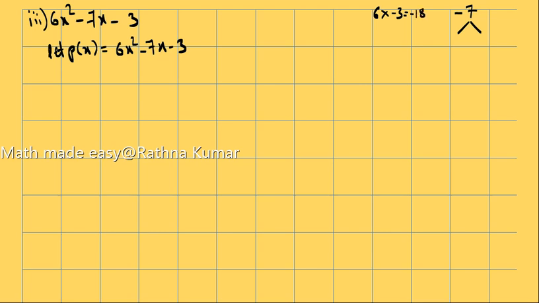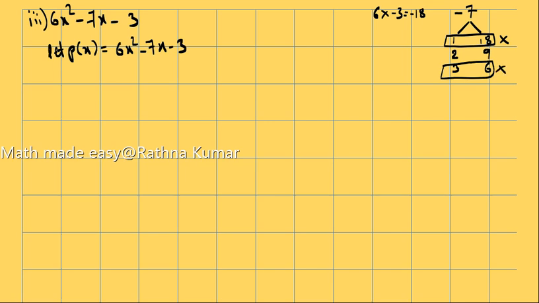Okay, so for 7 and 18, we have to get 18. When will we get it? 1 18s are 18, 2 9s are 18, 3 6s are 18. So in this first option, if we add, there is no scope of getting 7, and in this also there is no scope of getting 7.